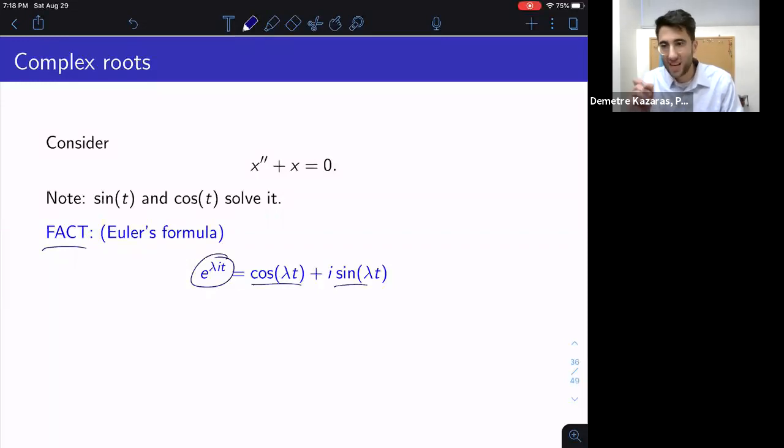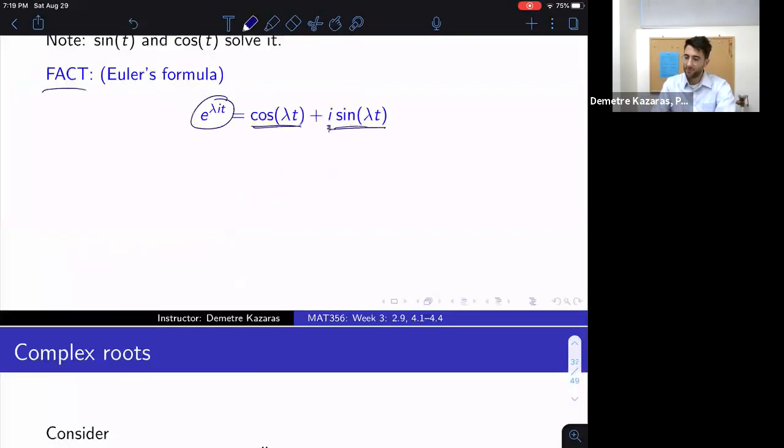This can be written as the complex number, because it's got an i in its formula, it must: cosine of lambda t plus i sine lambda t. Okay, so this is a fact that will be quite useful.